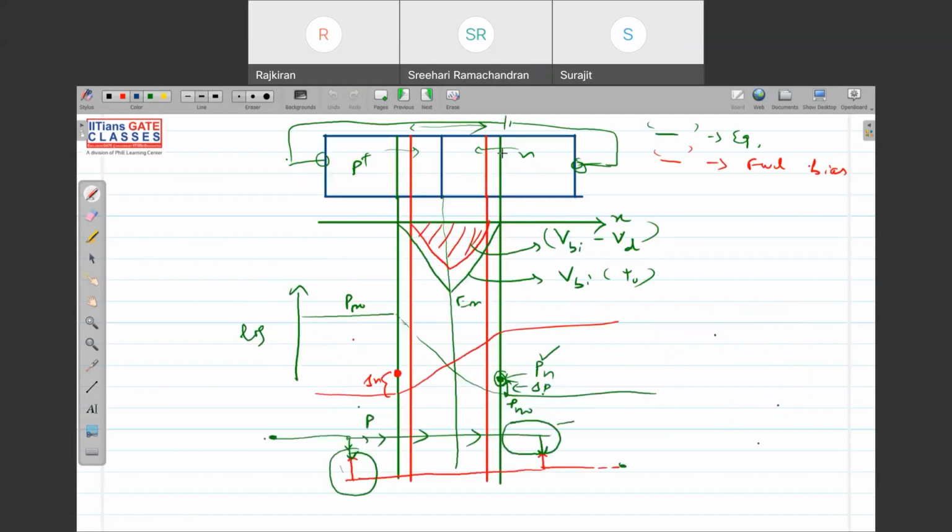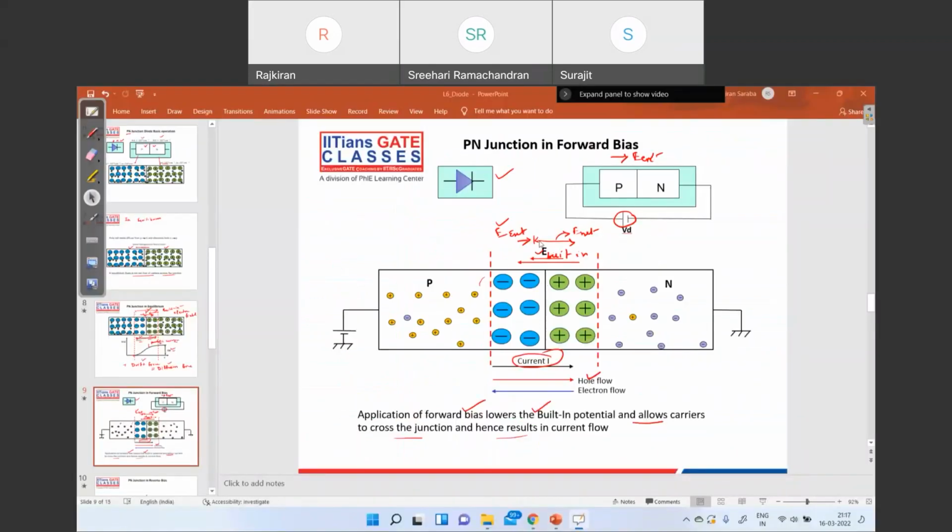When you apply forward bias, this will create an external electric field that will oppose the built-in electric field. So the net electric field will decrease. Because the electric field decreases, the opposition force also decreases.